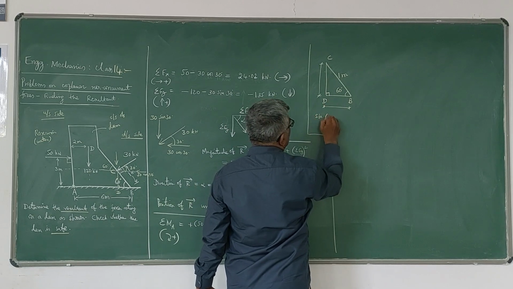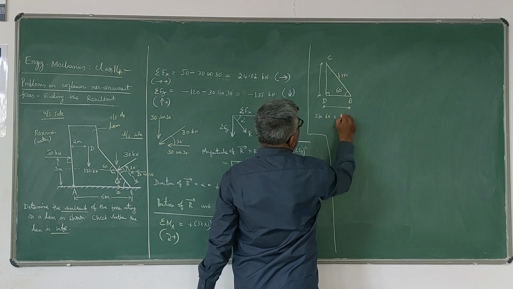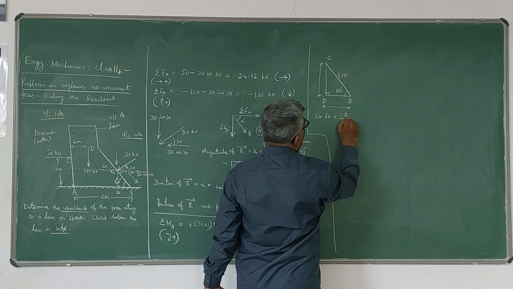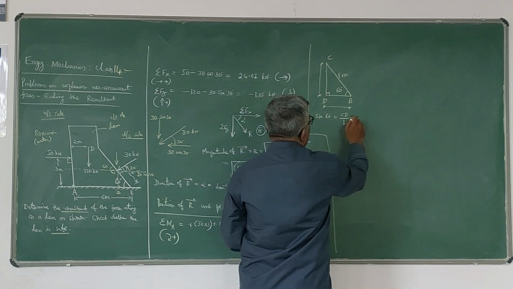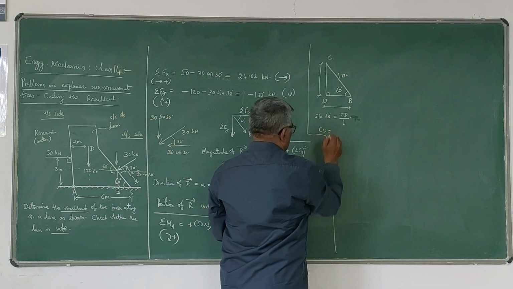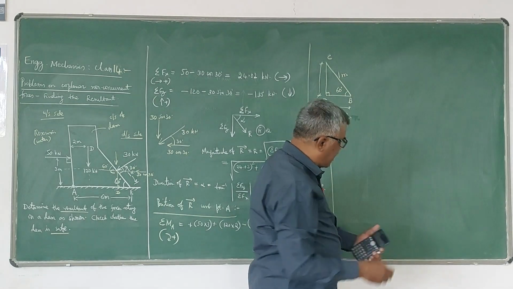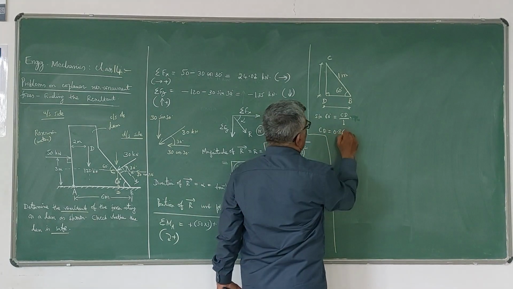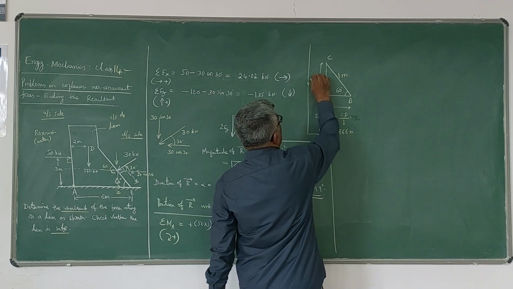So sine 60 is opposite by hypotenuse, that is CD by 1 meter, or CD is equal to sine 60. Sine 60 is 0.866, so CD is 0.866 meter.